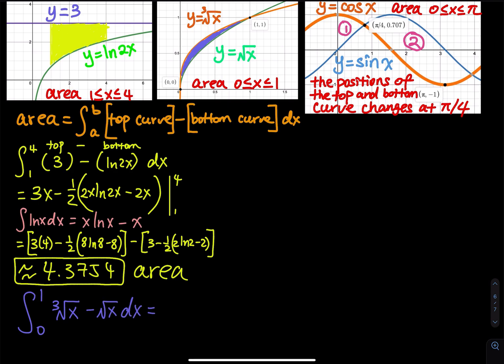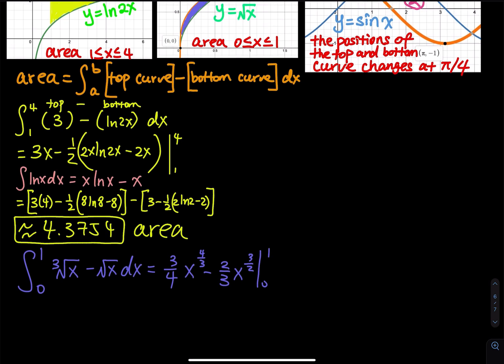So the cube root is the power 1/3. 1/3 plus 1 is 4 over 3, and then the reciprocal is 3 over 4. This is the antiderivative. And then for the square root, 1/2 plus 1 is, sorry, 3 over 2, and the reciprocal is 2 over 3, and that goes from 0 to 1. And then you plug it in.